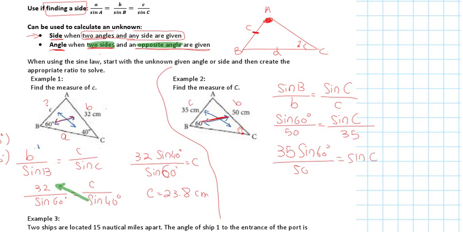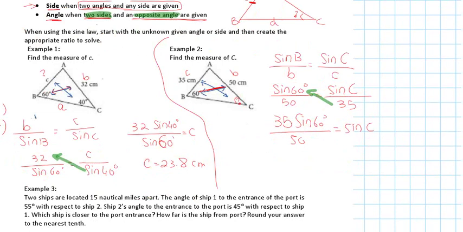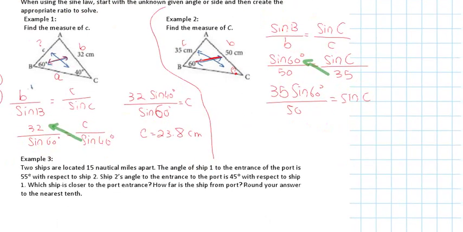So what does that give you? Did you do 35 times sine 60 over 50? What did that give you?